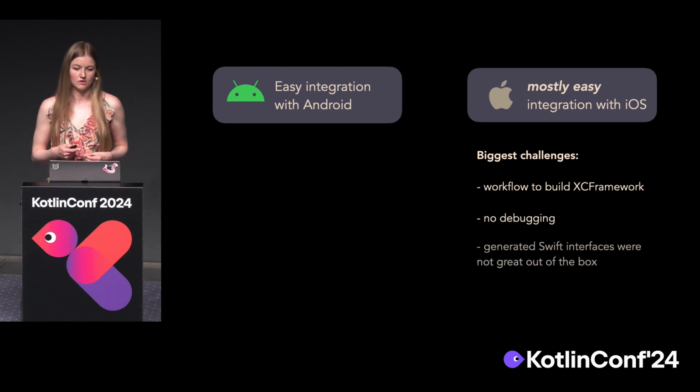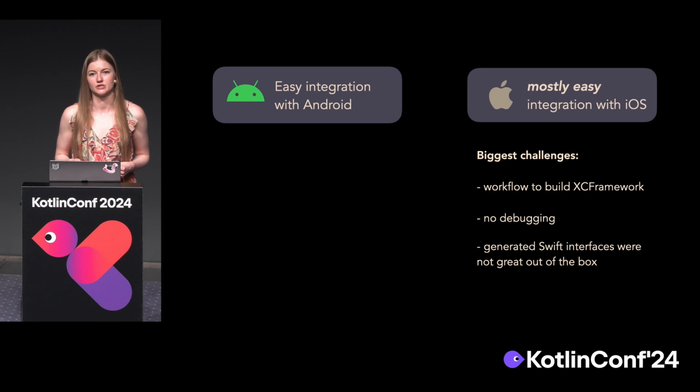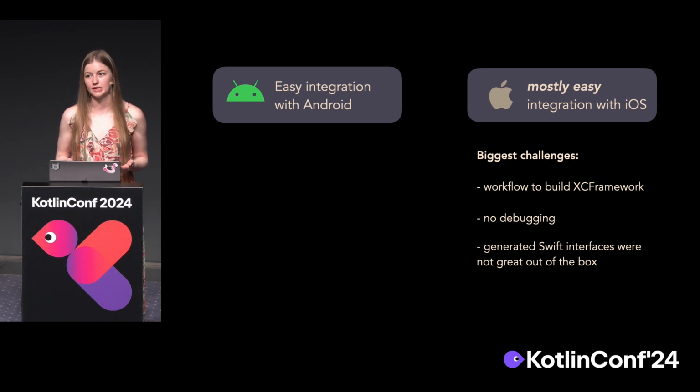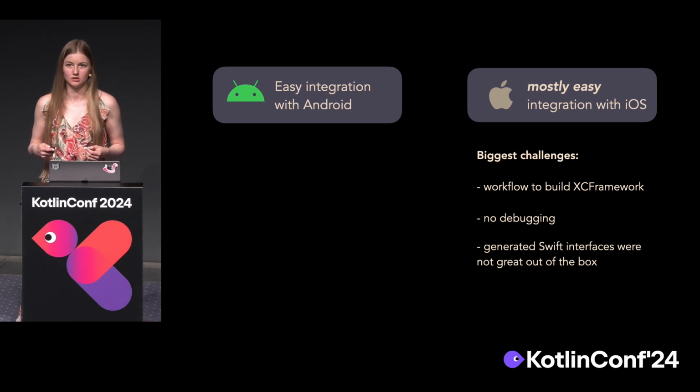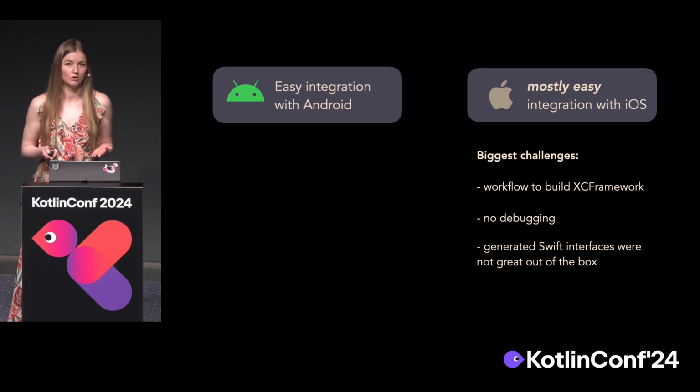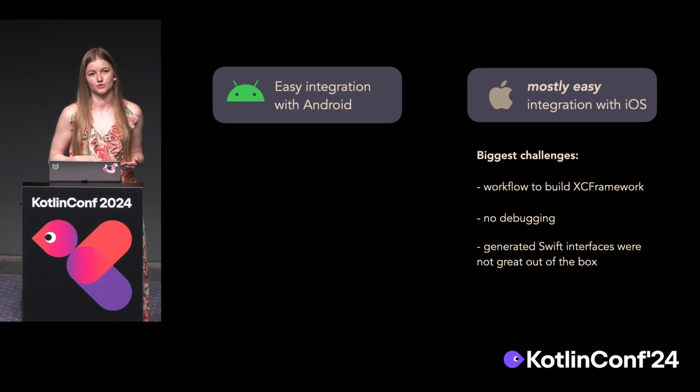And also, our iOS developers mentioned that the Swift interfaces generated from Kotlin Multiplatform were not always that great from the beginning. They needed to tweak this code a little bit to include it in our project. But all in all, the integration on all platforms was a success and was mostly easy.